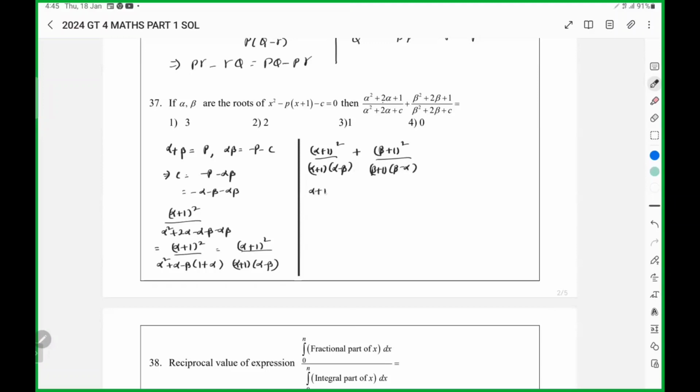So this I can write, beta plus 1 here gets cancelled. Alpha plus 1 by alpha minus beta plus beta plus 1 by minus of alpha minus beta.